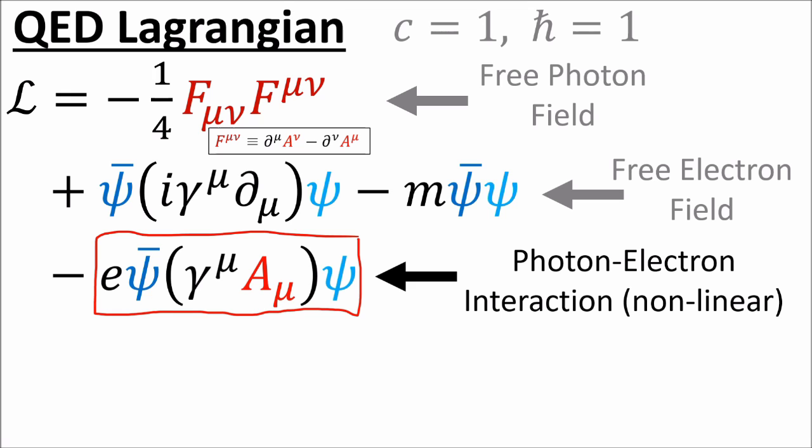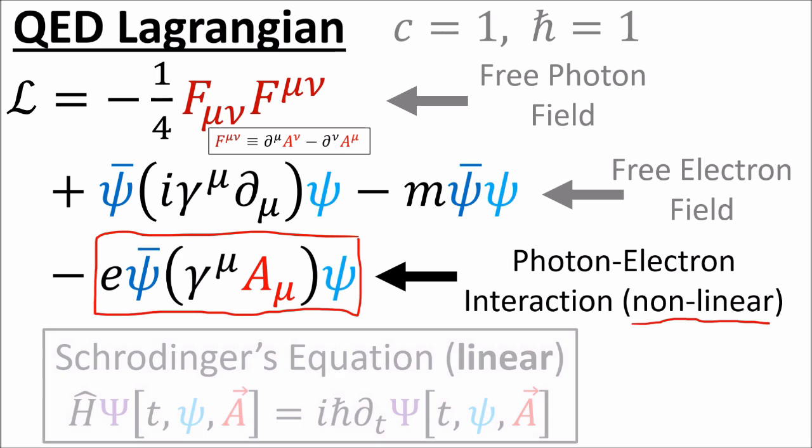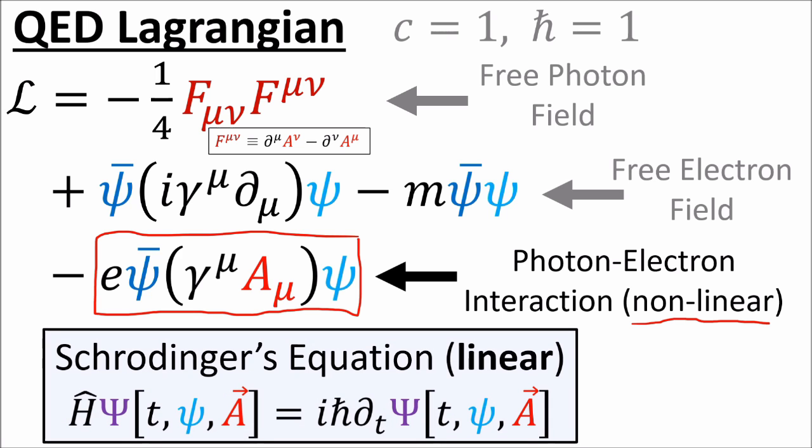These interaction terms can make the field equations of motion nonlinear, meaning the sum of 2 solutions is no longer a valid solution. However, the Schrödinger equation for the time evolution of the quantum state is still linear. Now, these are all examples of relativistic quantum fields, but what about non-relativistic quantum fields?